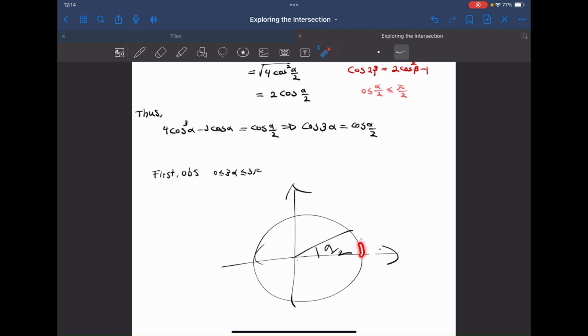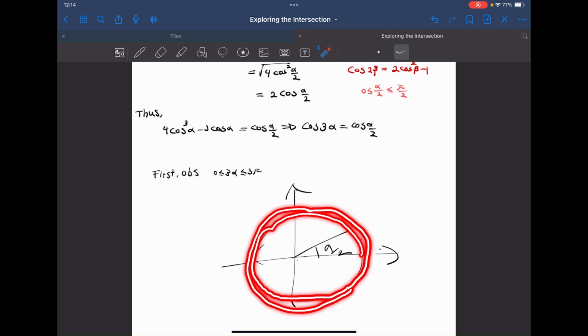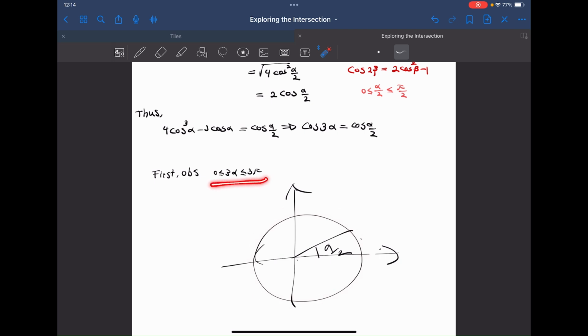This is 0, and this becomes like 1 alpha, then like 2 alpha, then 3 alpha, somewhere here, right? This is like the maximum range that 3 alpha can go. I cannot do another one and come back here. It's not possible because I know that 3 alpha is between 0 and 3 pi. So I have two choices. I have 3 pi, 3 alpha is either here or 3 alpha is exactly equal to this.